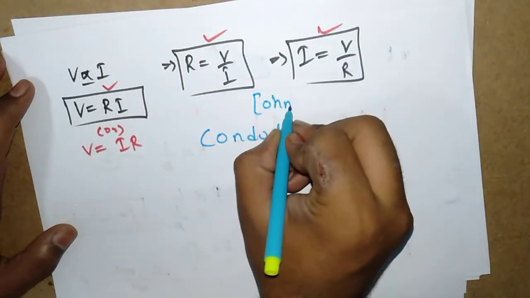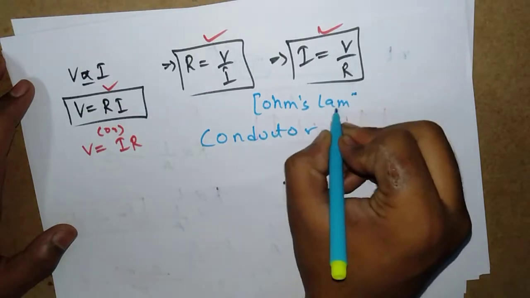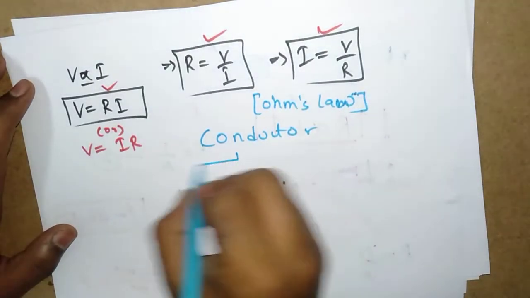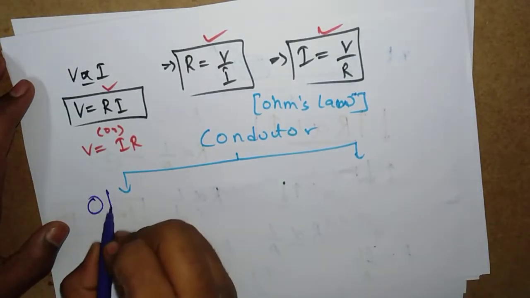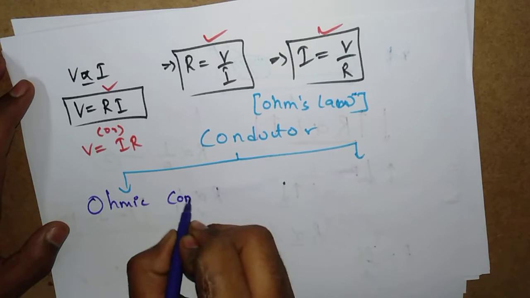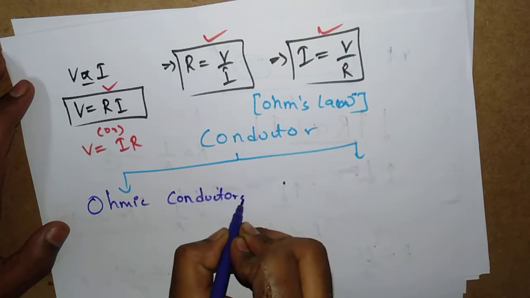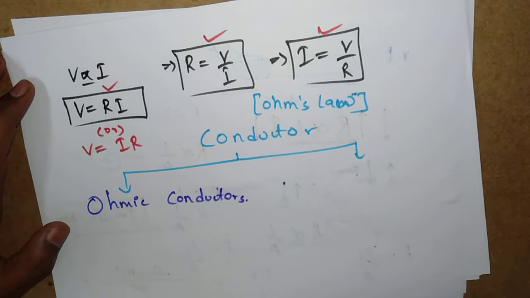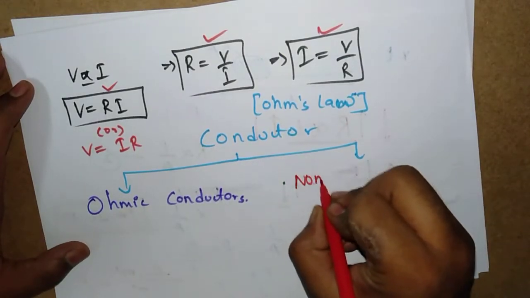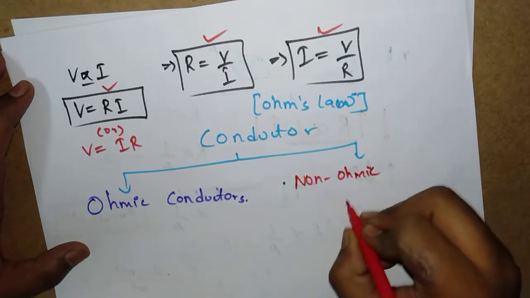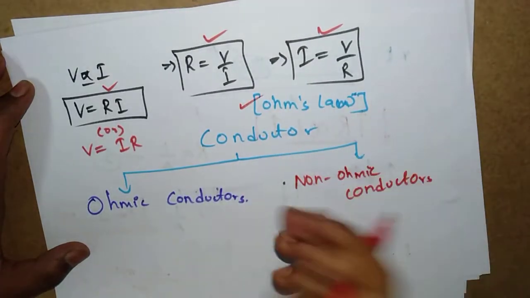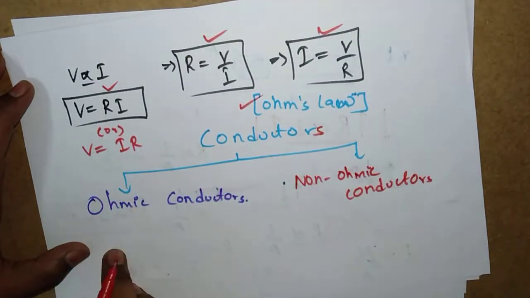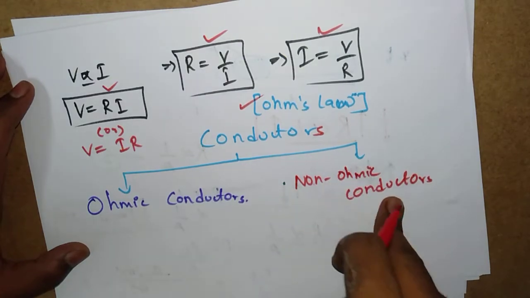Very, very important from the exam point of view. The first one is ohmic conductors and the second one is non-ohmic conductors.